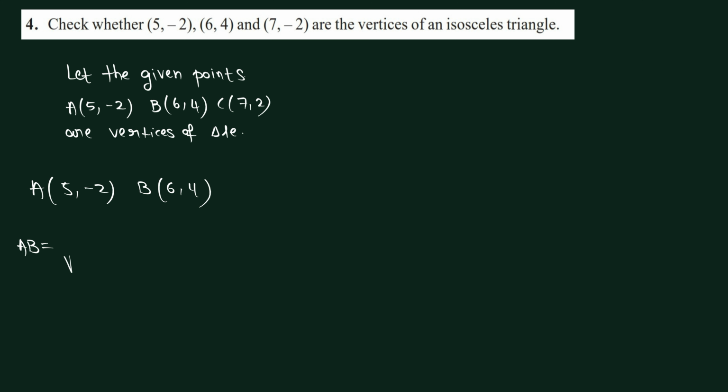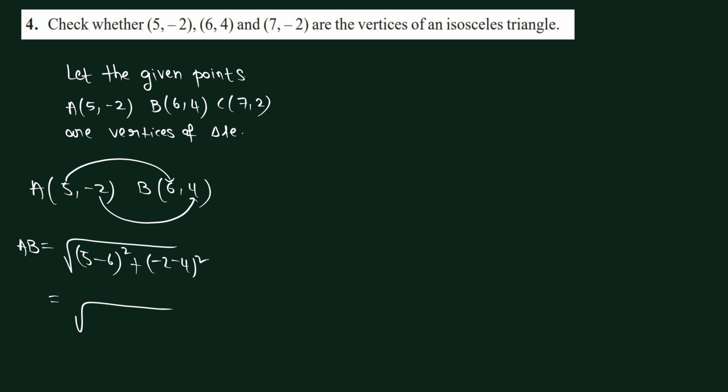Distance AB equals root over (x1 minus x2) whole square, that is (5 minus 6) whole square, plus (y1 minus y2) whole square, that is (-2 minus 4) whole square, right? 5 minus 6 is minus 1 square, plus minus 2 minus 4, if both are having negative sign you have to add, that will become minus 6 whole square.